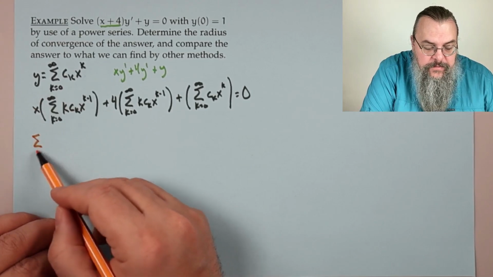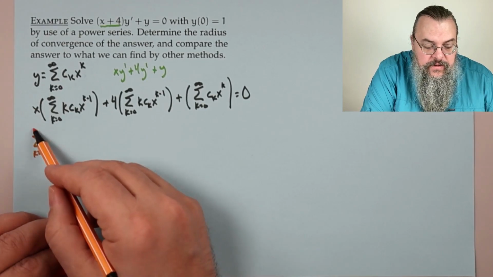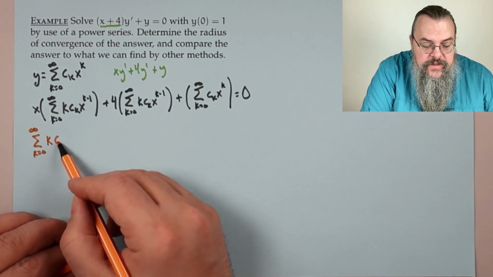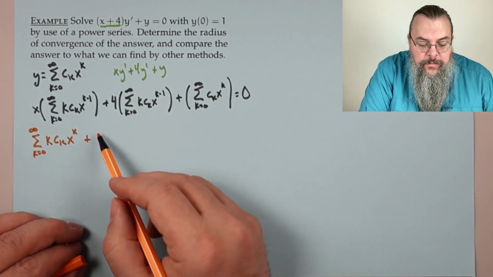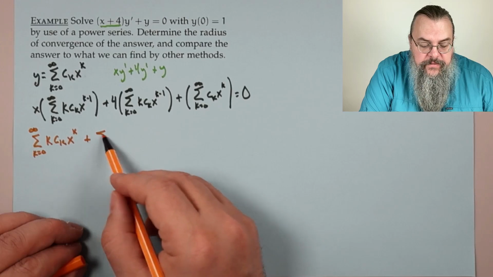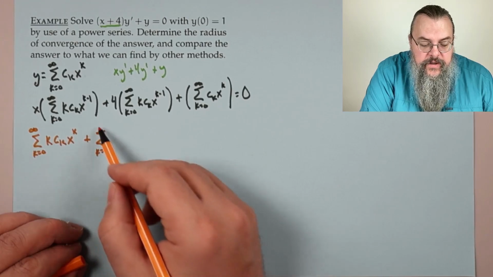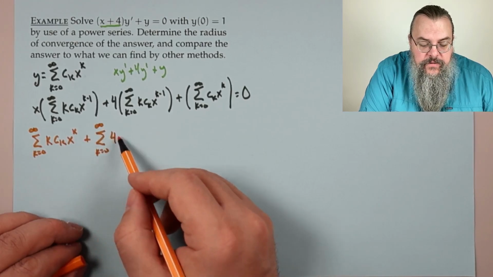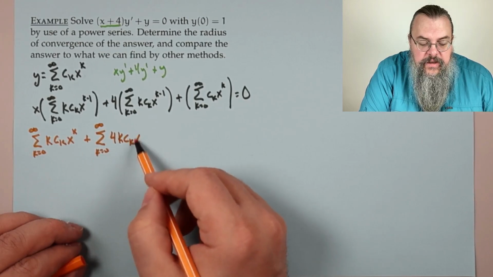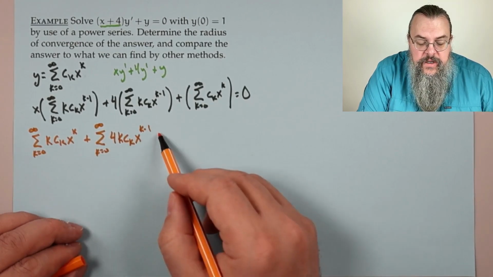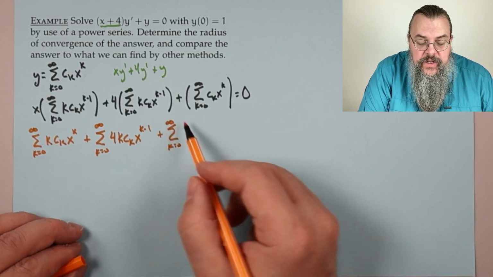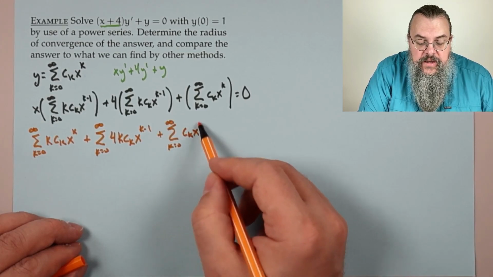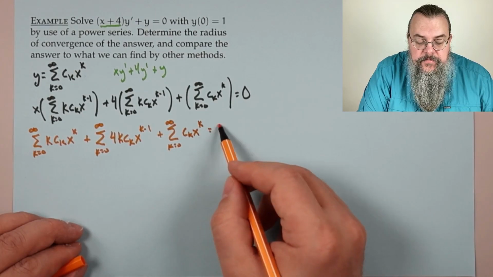So we have the sum, k equals 0 to infinity, k c sub k x to the k, plus here we can multiply the 4 in. Yeah, sure, why not? 0 to infinity, 4k c_k x to the k minus 1, and plus summation k equals 0 to infinity of c_k x to the k.